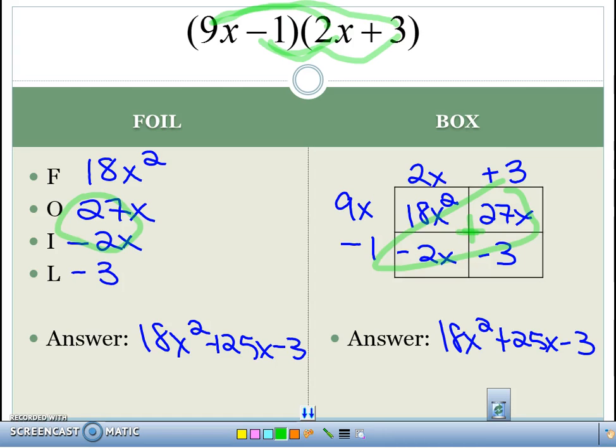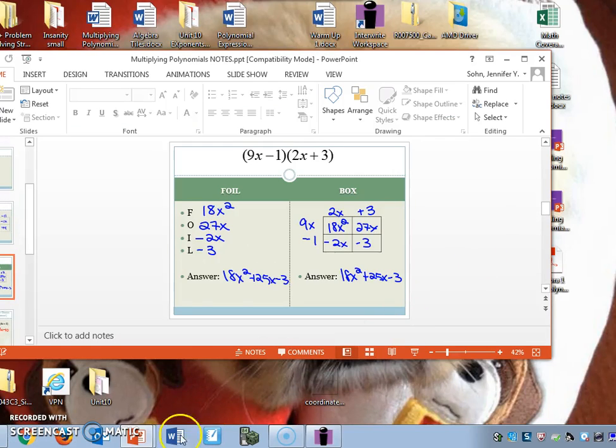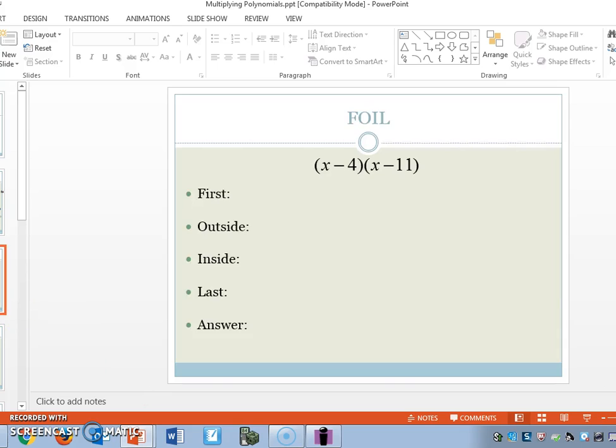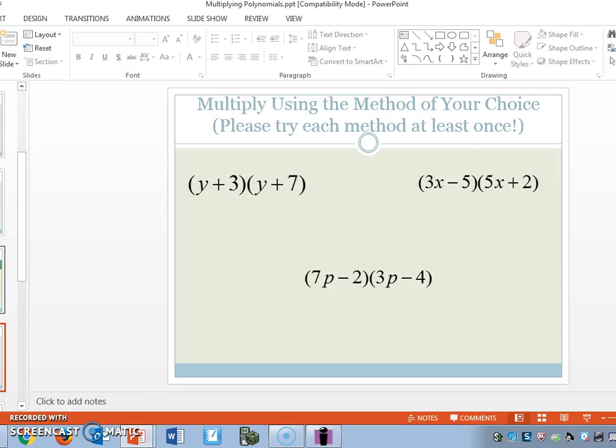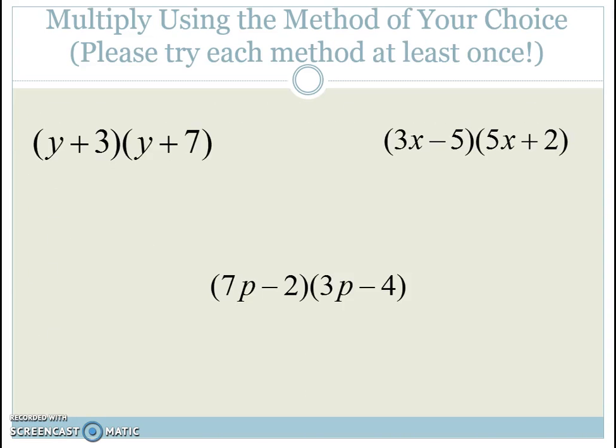Please try the next page by yourself. You have 3 problems here. So you're going to use a method of your choice. You can try each method at least once.